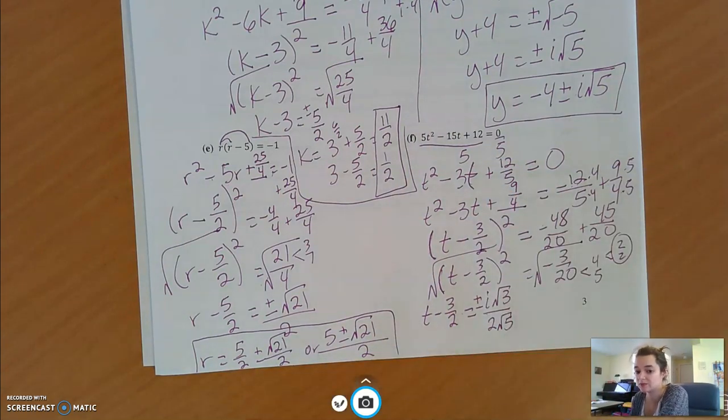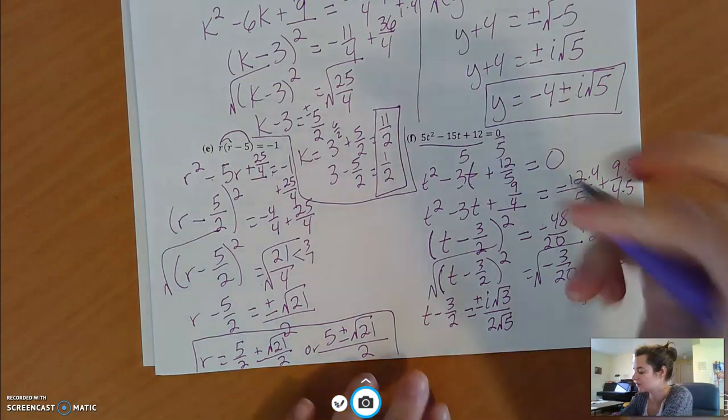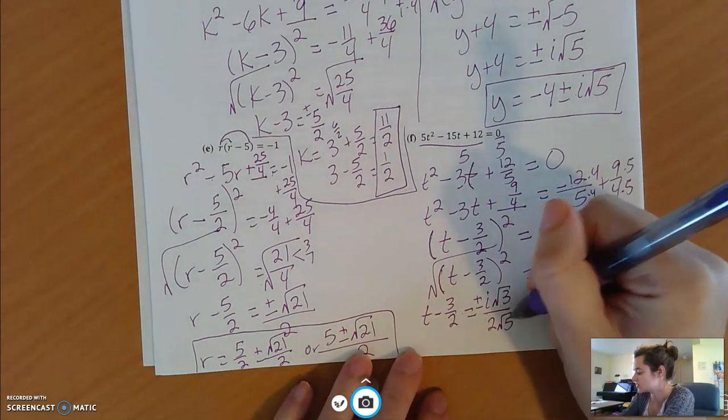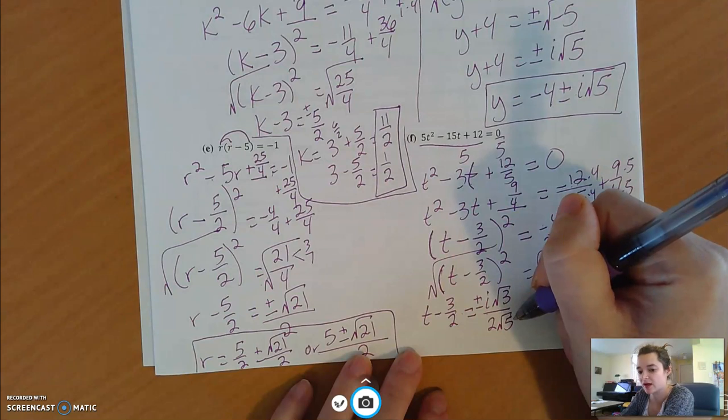From here, I hate to break it to you, but we are going to have to rationalize all of that because we've got a square root in the denominator, okay? So to rationalize, all I need to do is get rid of that square root of 5.